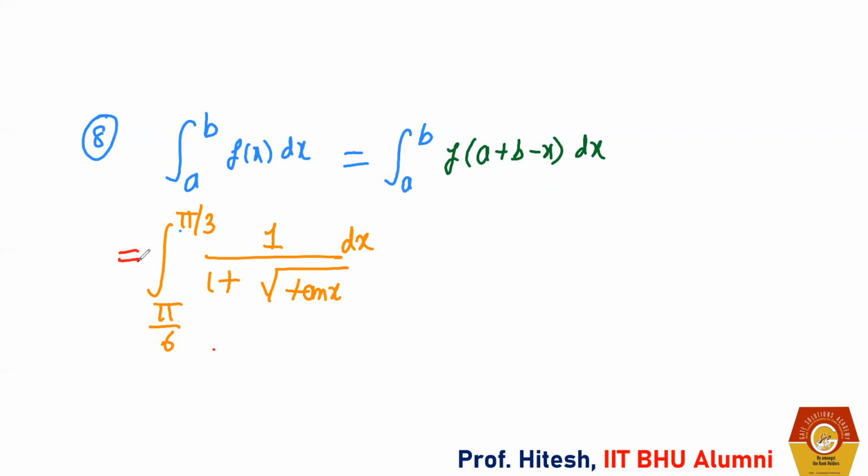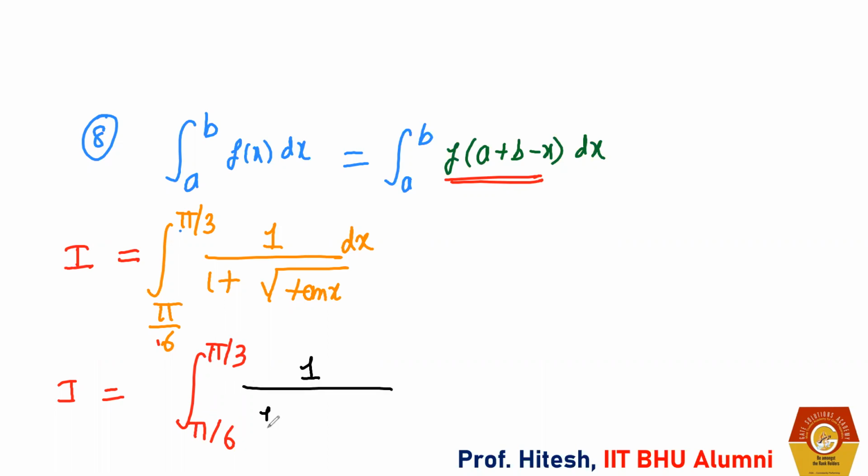So this is I. So using this property, I is equal to pi by 6 to pi by 3, 1 upon 1 plus under root tan of pi by 3 plus pi by 6 minus x dx.